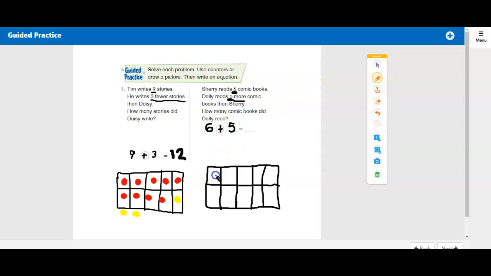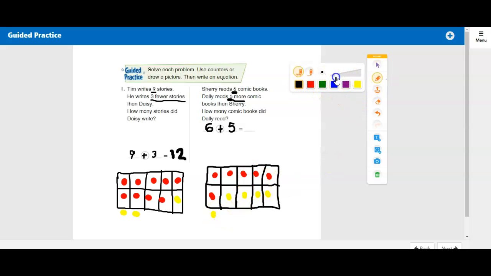I'm going to fill in 6 spaces in my tens frame. So 1, 2, 3, 4, 5, 6. Now I need to fill in 5 more spaces. So I'm going to fill in 1, 2, 3, 4, 5. So I added together 6 red counters and 5 yellow counters in a tens frame.